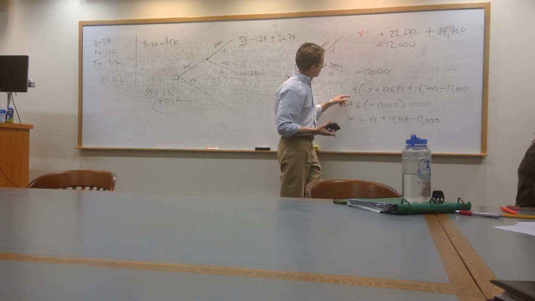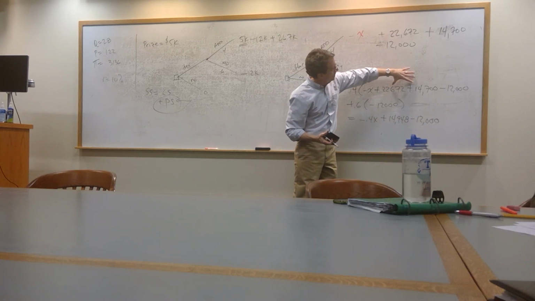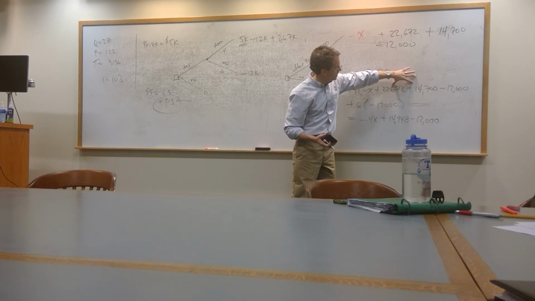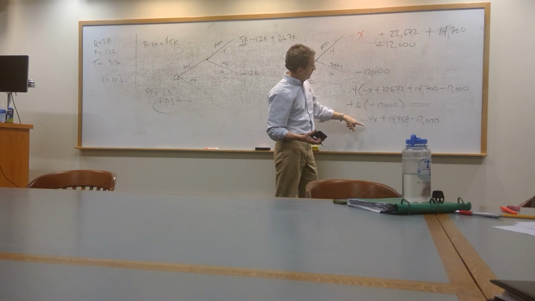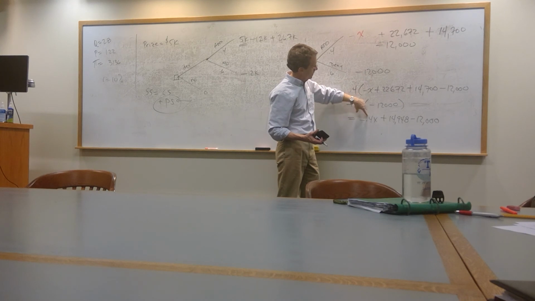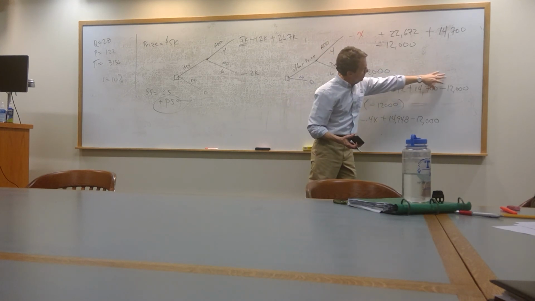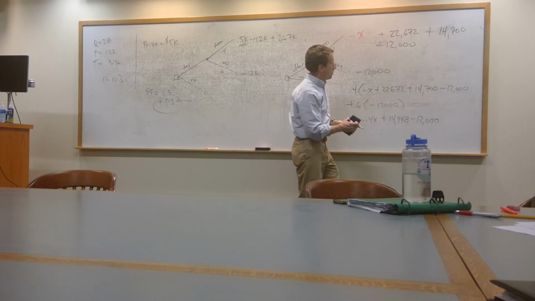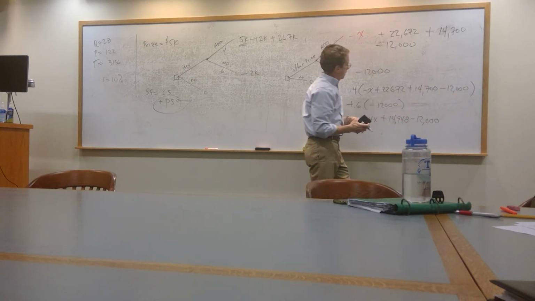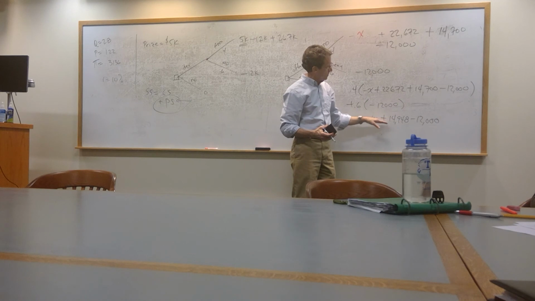So if I take the 40% and multiply it times the sum of these pieces, and then rewrite it as minus 0.4 times this, plus the thing I just calculated, and then take into account that we pay the $12,000 either way, I get this.